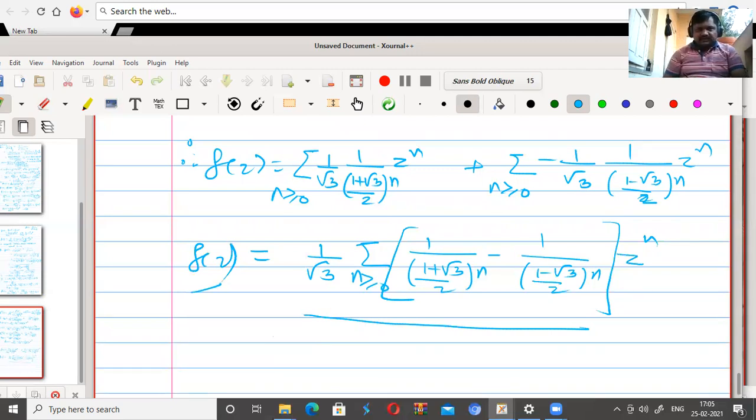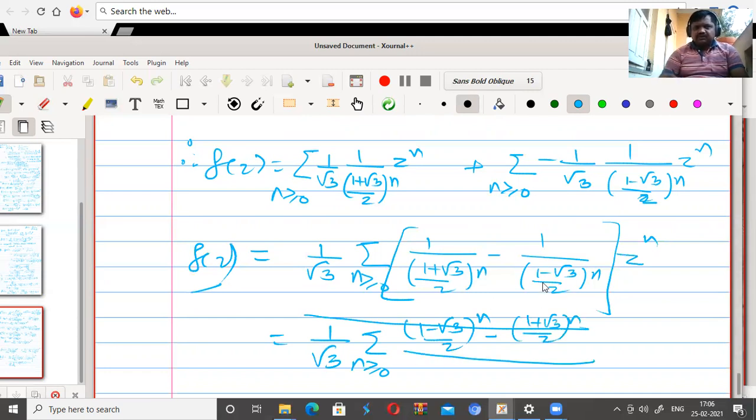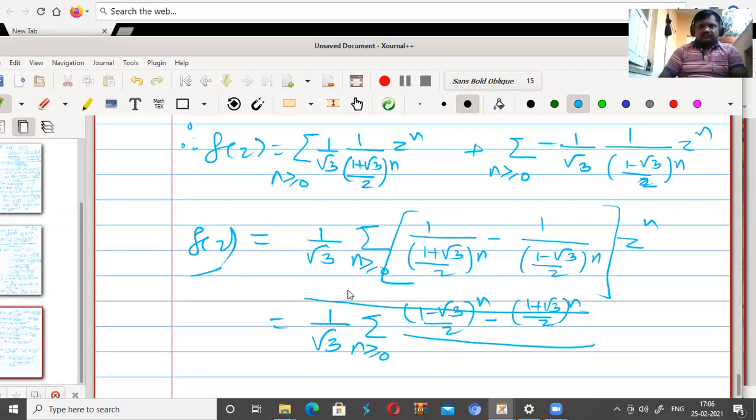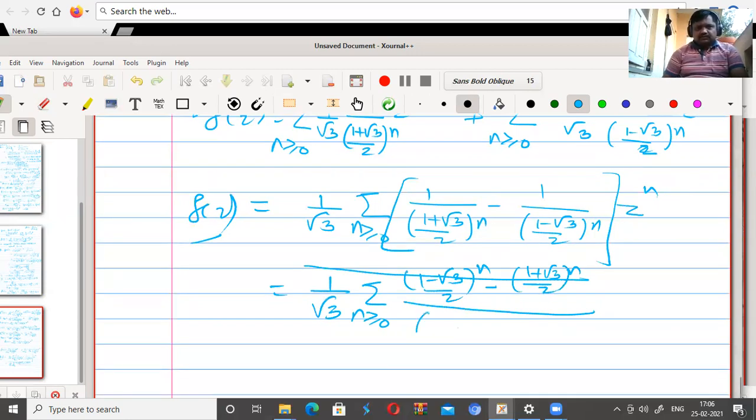How can you write this? This can be written as 1 by root 3 summation n greater than or equal to 0, 1 minus root 3 by 2 to the power n minus 1 plus root 3 by 2 to the power n, divided by the product of these two, 1 plus root 3 by 2 to the power n into 1 minus root 3 by 2 to the power n, into z raised to n.